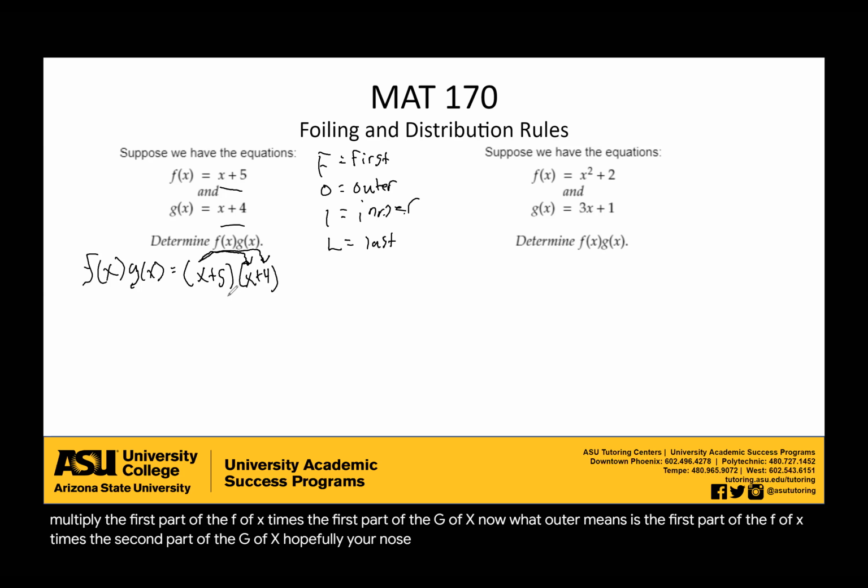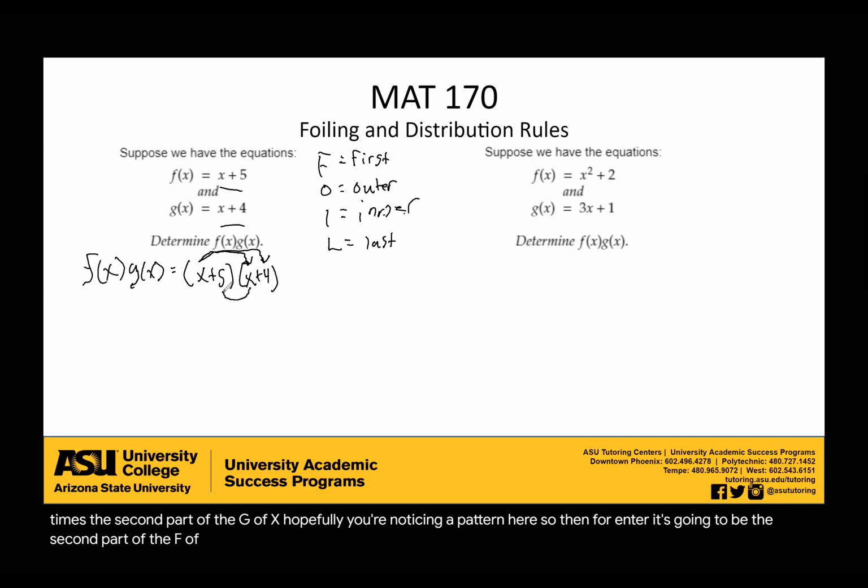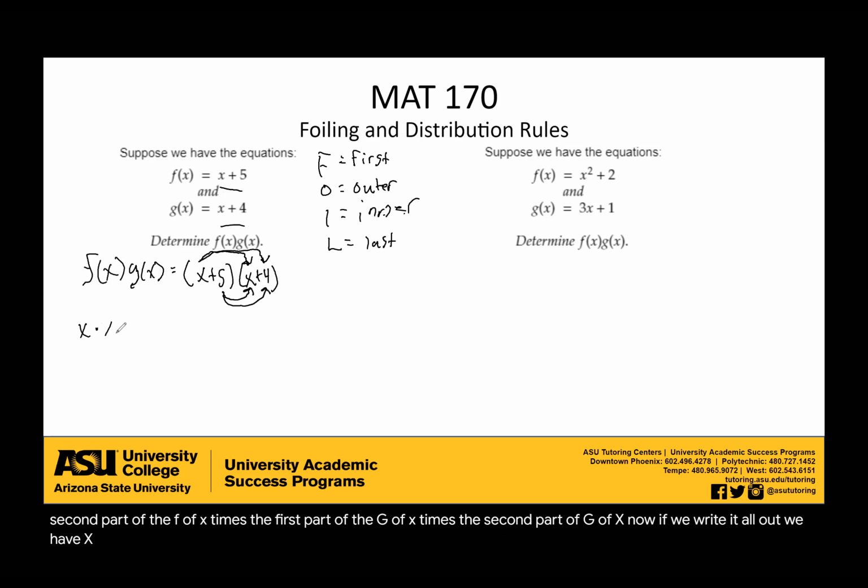Hopefully you're noticing a pattern here. Then for inner, it's the second part of the f of x times the first part of the g of x, and last is the second part of f of x times the second part of g of x. Now, if we write it all out, we have x times x plus x times 4 plus 5 times x plus 5 times 4.